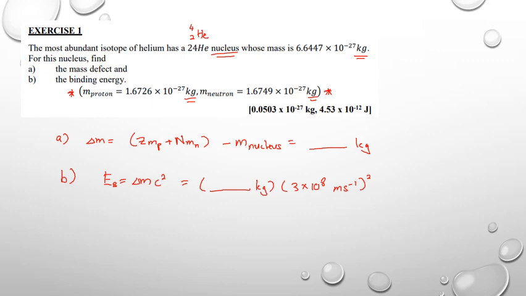That is the speed of light, the value of c. Then eventually you will get the value in joule. So it's not in MeV, but in joule, because you calculate the value using kg and m s negative 1, which are SI units. Therefore, your final answer should be in SI unit. So that is question 1.